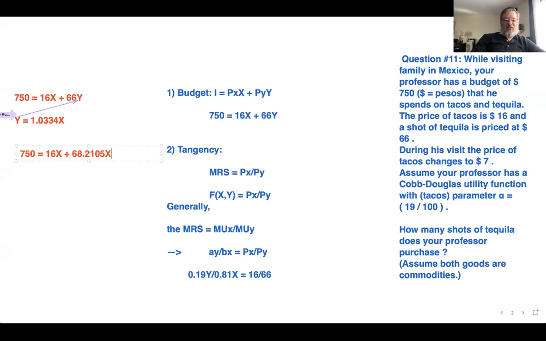And then I'll do 750 divided by 84.21, and I get 8.906. So you had 750 divided by what, Arslan? 84.2044.